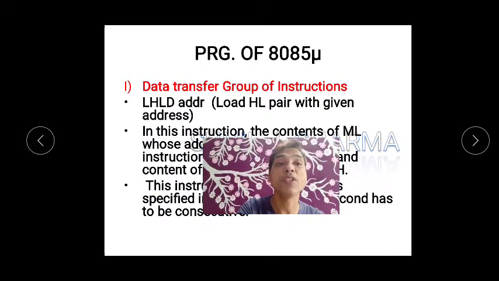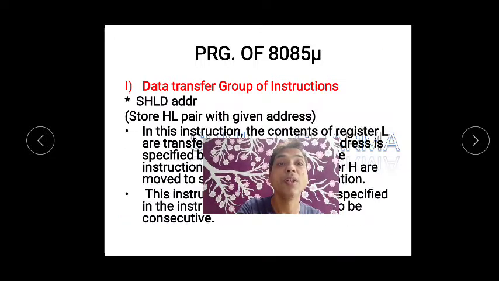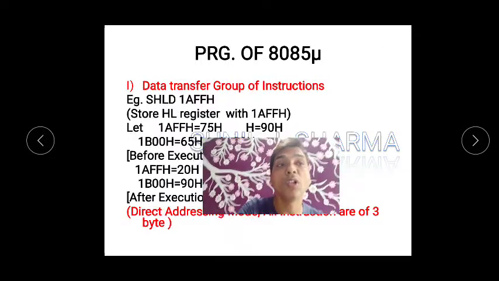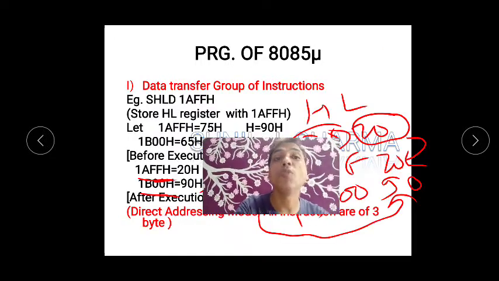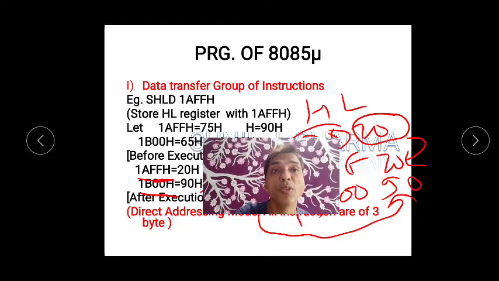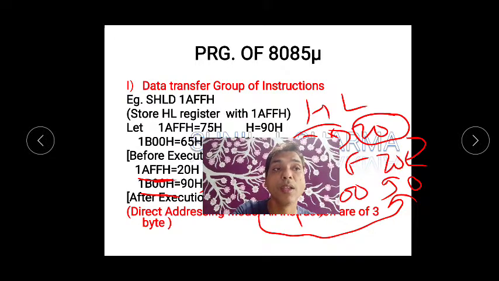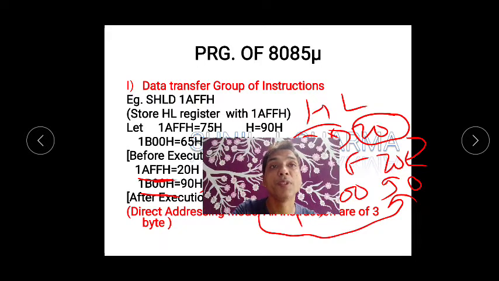Then we have these two tricky instructions, LHLD and SHLD. Okay, I hope you understood all the instructions, and don't forget about the move instructions also, because they also belong to the same group, that is data transfer. Okay, I think this finishes our data transfer group of instructions.